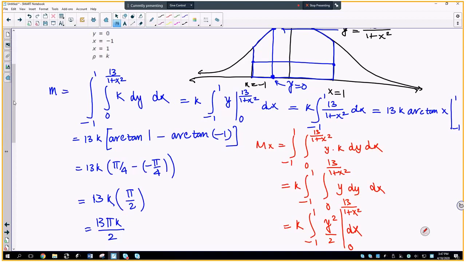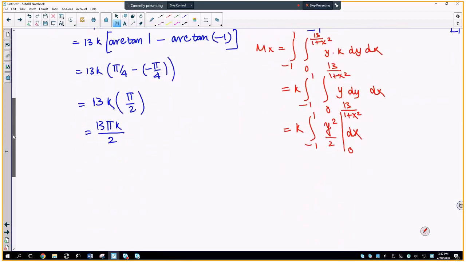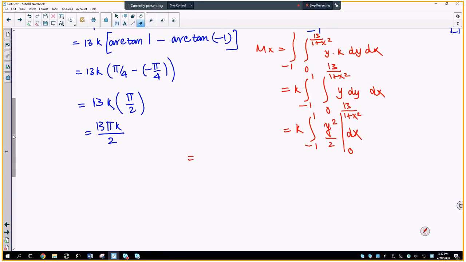So what we get? We get equal to k times. In fact, I can bring this 2 outside as well. So k over 2 times integration negative 1 to 1. And I get 13 over 1 plus x squared, that's your y, whole to the power 2 dx.